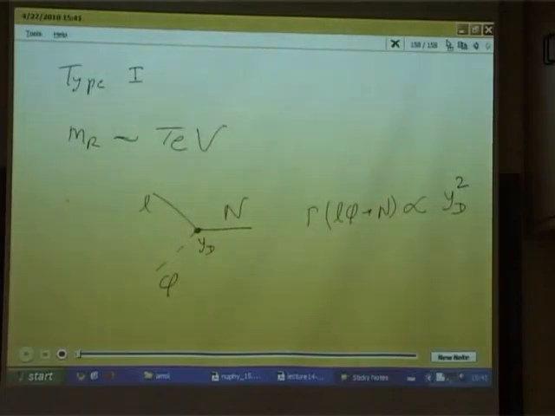We know the mass of the neutrino that you get, from the seesaw mechanism, is Md squared by Mn. So Md squared is yd squared times v squared by 2, times Mn. So let me write this down again.